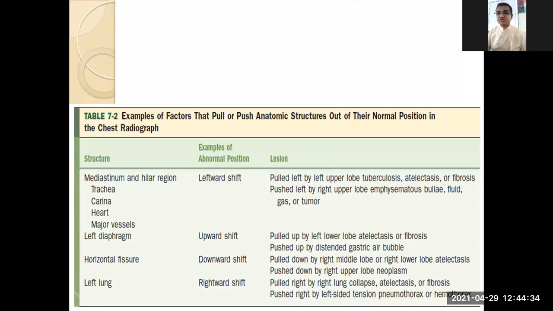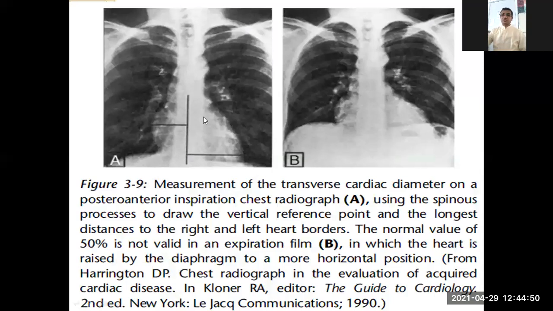Sometimes you may see that the mediastinum is deviated, or a mediastinal shift or tracheal shift is present. What does that indicate? Suppose the right-sided lung is going for atelectasis. What is atelectasis? Collapse of the lung, very low pressure in the lung.